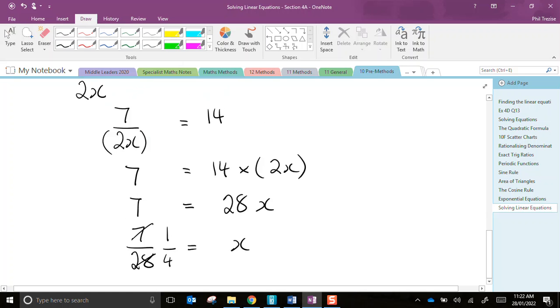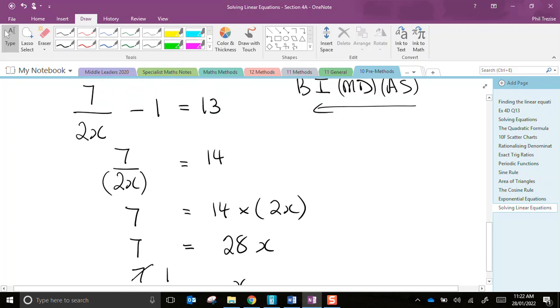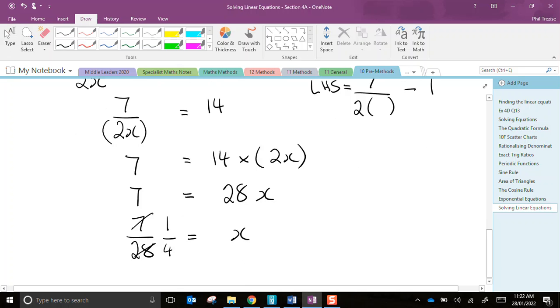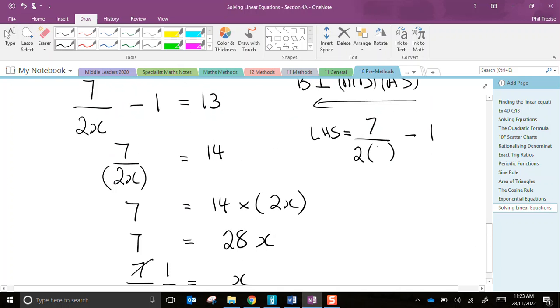Now, I will, of course, check to see that this has worked by looking at the left-hand side of the original formula. I had 7 over 2 and a little container there for my value, minus 1. What did we think x was? We thought x was 1/4.